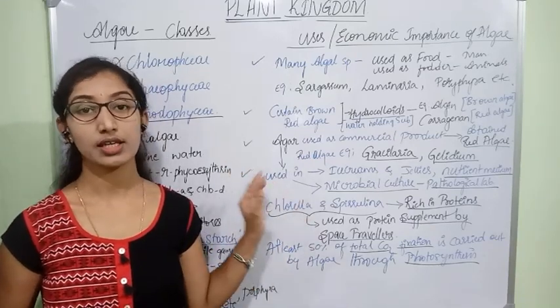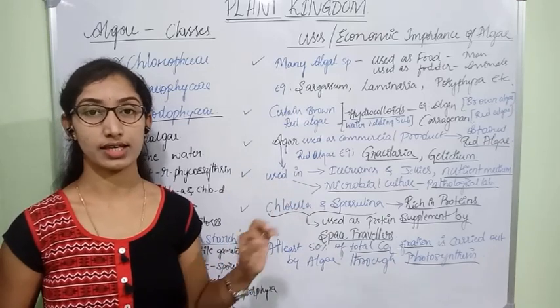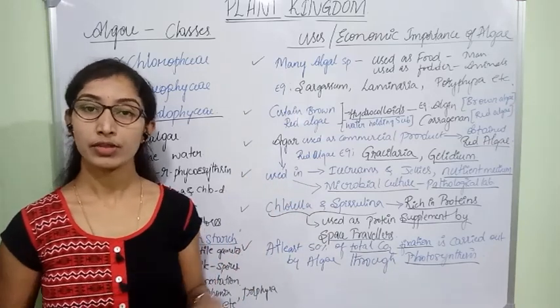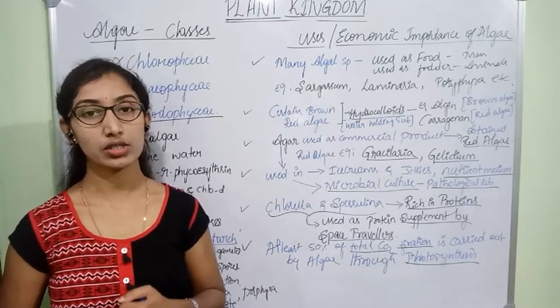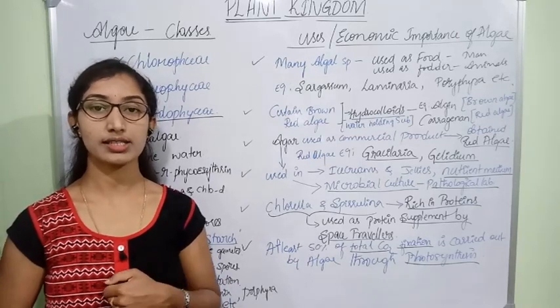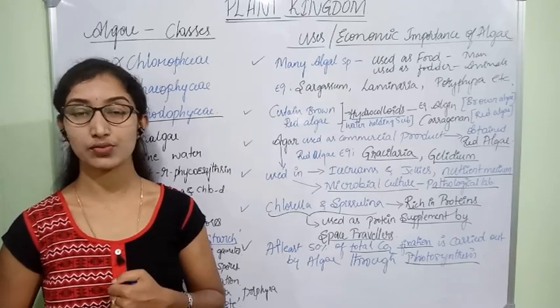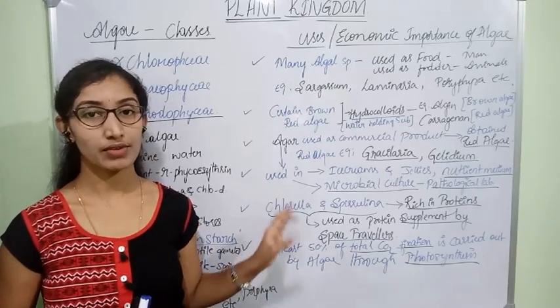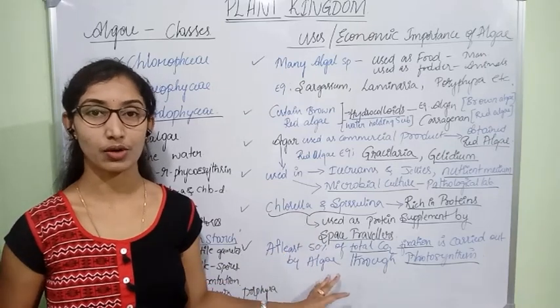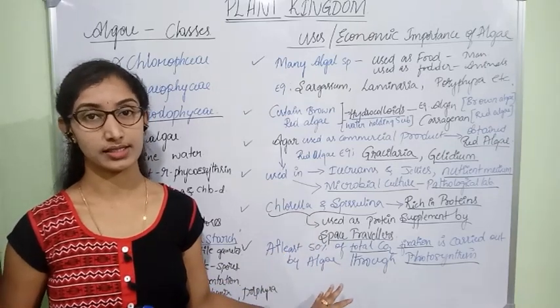We are using different types of algae in daily life. Not only these algae, but also many other algae are useful in various fields and products, but we have listed only a few algae and their uses here.